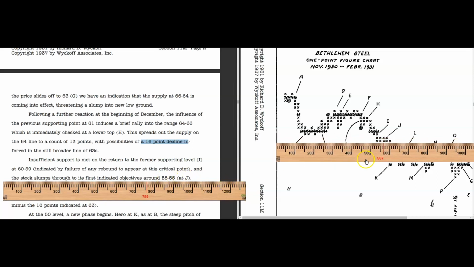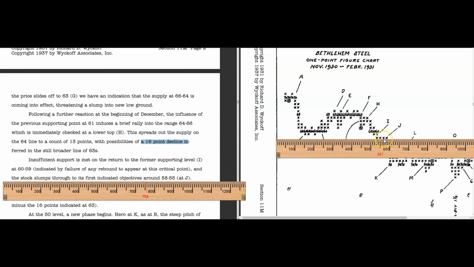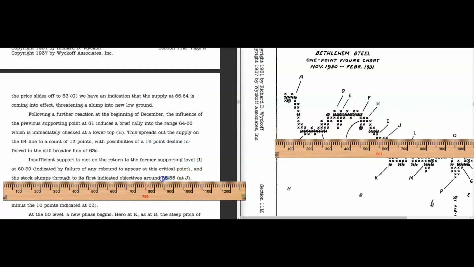So it goes to the first indicated objective, which was 58 to 55. How did we get 58? As I explained, if you count 8 from 66, you get 58. How do you get 55?